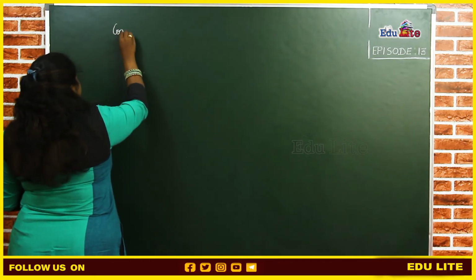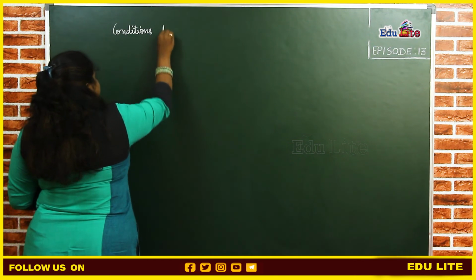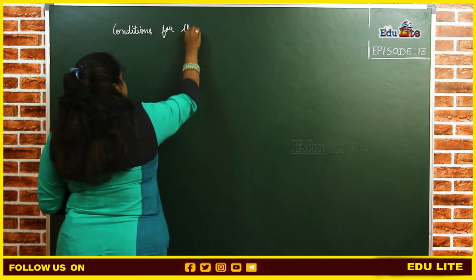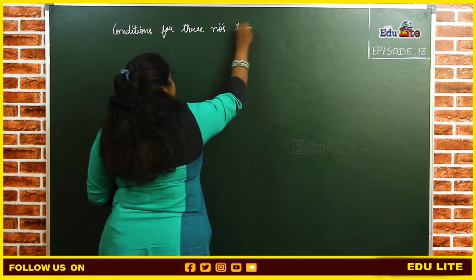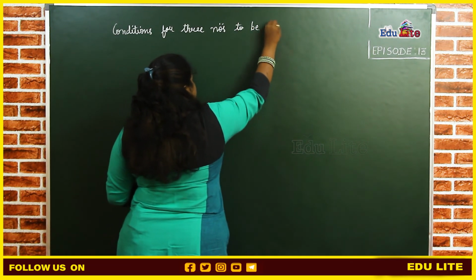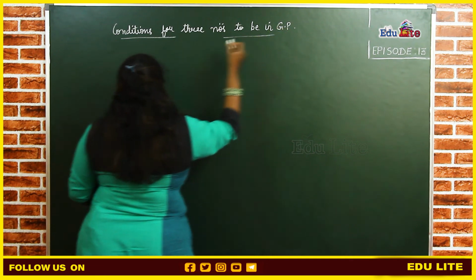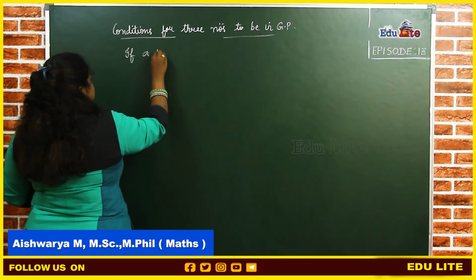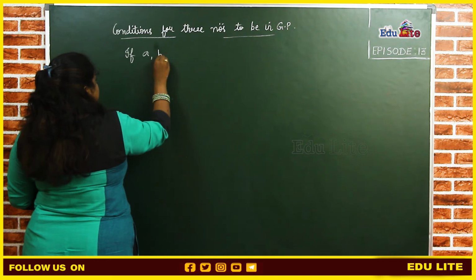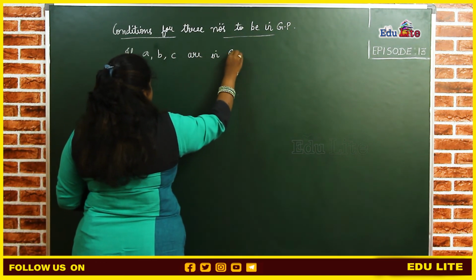Next is the condition for 3 numbers to be in GP, geometric progression. Let us take if A, B, C are in GP.